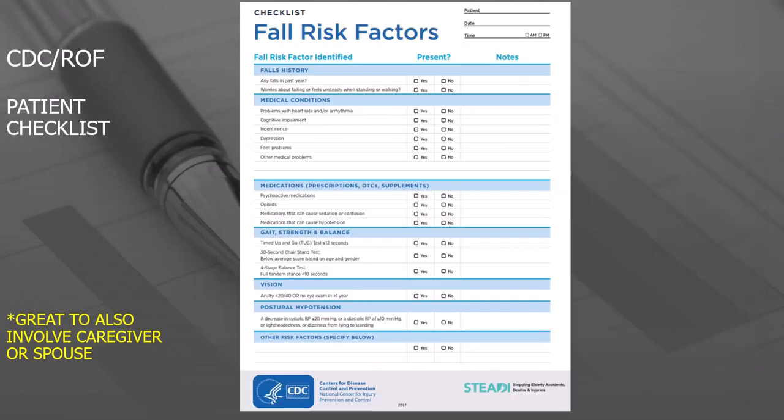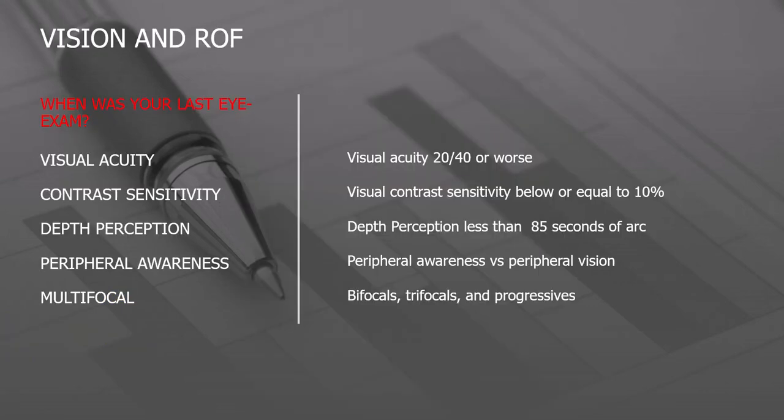And this is another checklist that they have. If you look in here, it's cognitive impairments, the medications they're on, and those types of things. From the eye doctor's standpoint, several of the questions refer to, can the patient see 20/40 or better? And basically, have they had an eye exam within the last year?